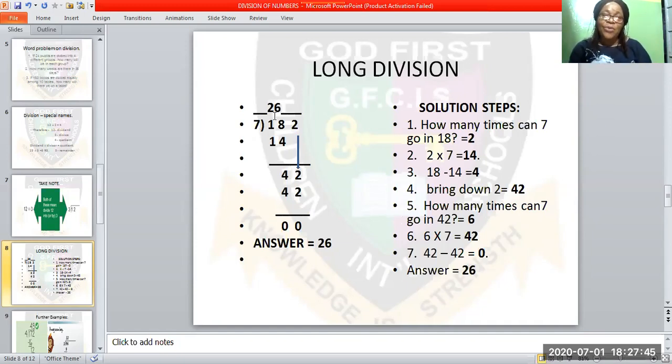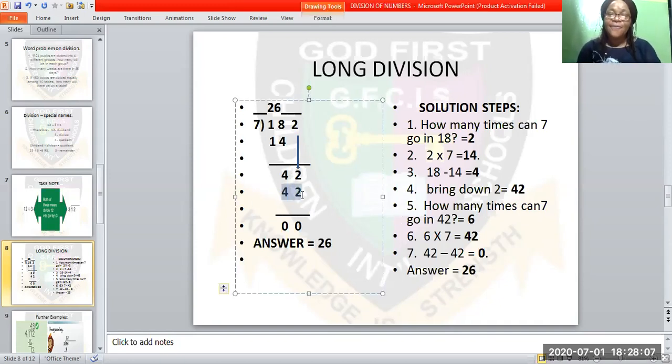Okay? Then we move on. 7 times 6 will then give us what? 42. We then move on to say 7 times 6 will also give us 42. Now, if it is 42, we take away 42 from 42.